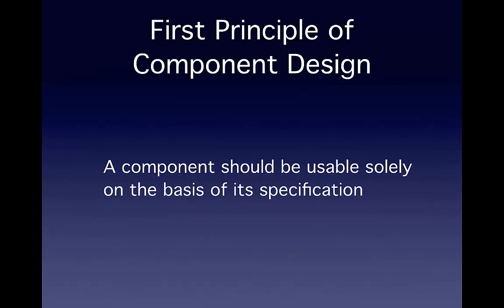In Java, the easiest way to think of a component specification is to think of the Javadoc for a specific interface. For example, when I want to use a list component in Java, I go to the Java API and look at the documentation for list. It tells me everything I need to know in order to use the Java list component, regardless of which implementation, like array list or linked list, that I will be using for it.